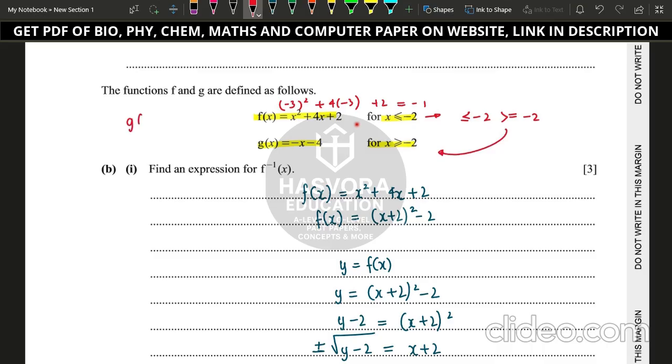So it is gf of x, okay, so the domain of the outer function should be satisfied by the range of the inner function. And the domain of your composite function is the domain of your inner function, and the range of your composite function is the range of your outer function, so just remember this.